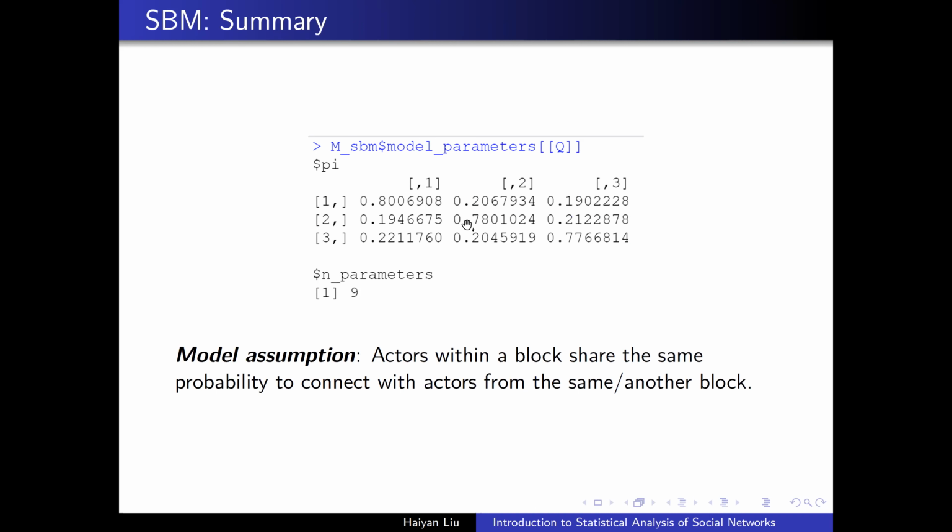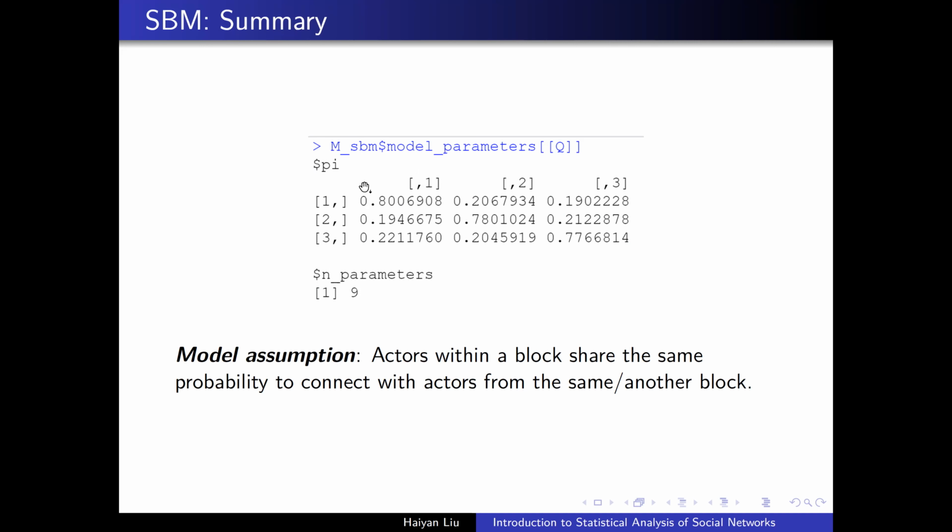This is the probability for them to connect if they both belong to cluster 2. This is the probability for them to connect if they both belong to cluster 3. Then each off-diagonal element describes the probability for a row cluster to connect to a column cluster.